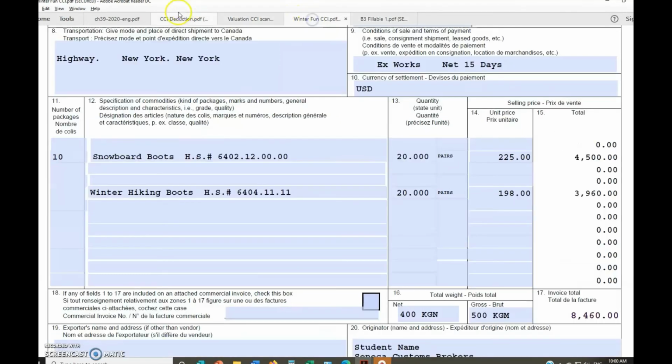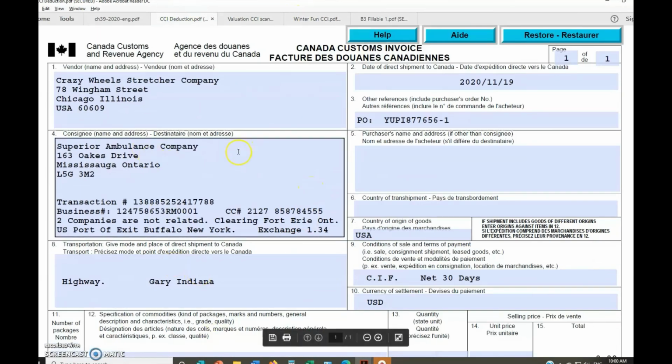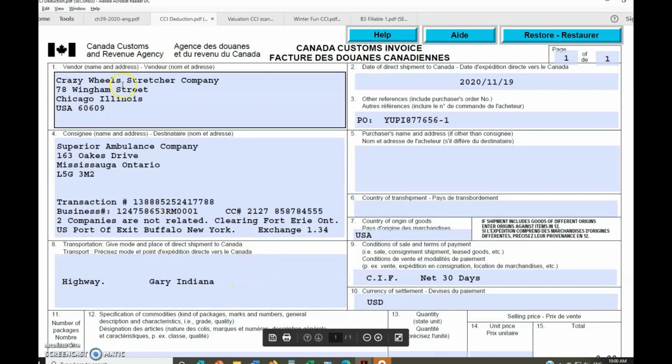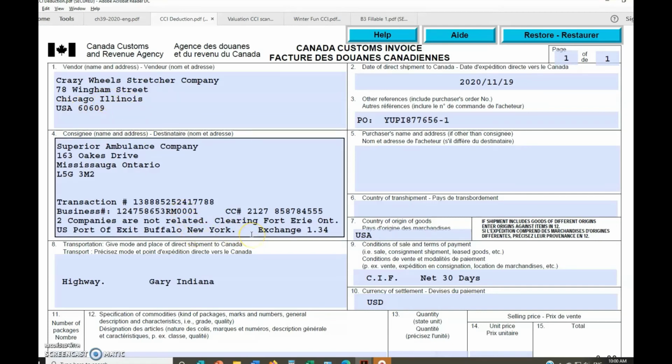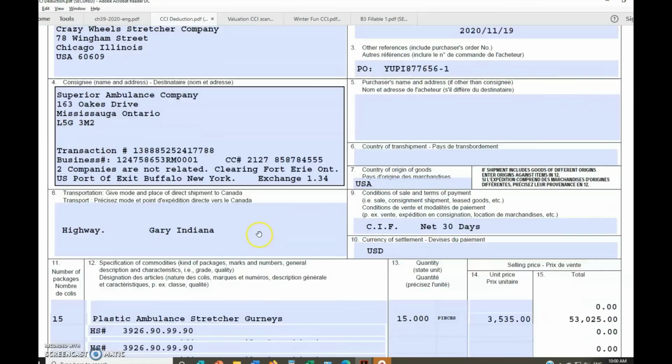This shipment's from the United States, so it should be very simple. Okay, just be careful that you make sure you put the right code for USA. You don't put USA, you put U, and then the state code, and those are in your how to fill out the B3 book.